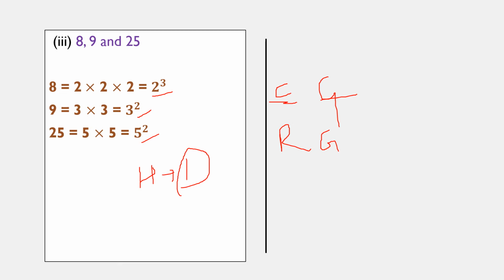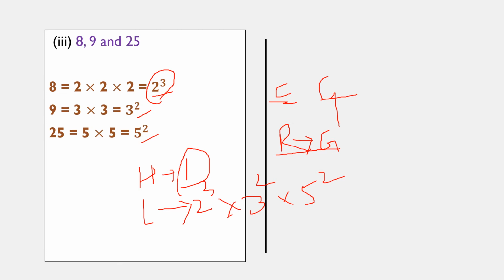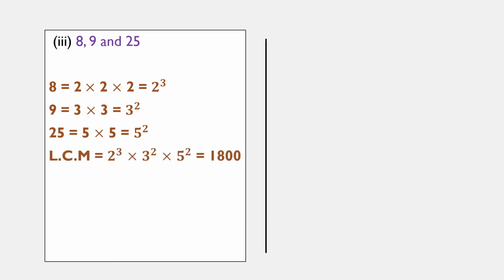From the remaining things also you should take the greatest power. So 2 cube, 3 square, 5 square. I will write 2 cube into 3 square into 5 square. So your prime factorization will be like this, and your LCM and HCF will be in this way.